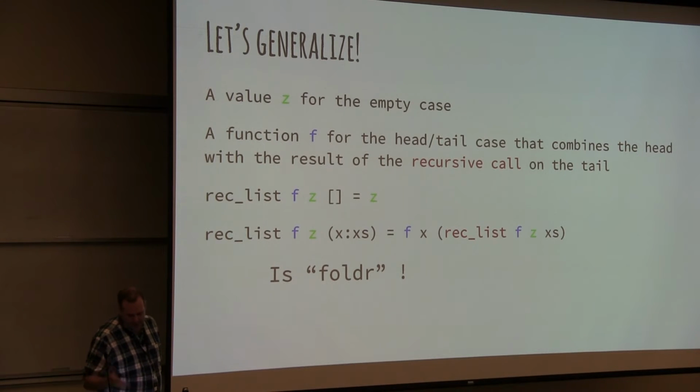Okay, so we tried a couple of recursive functions. They had basically the same shape, and if we abstract that, we kind of invented our foldr.